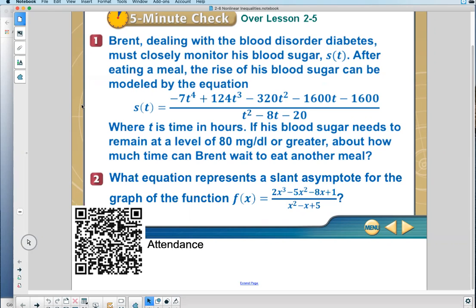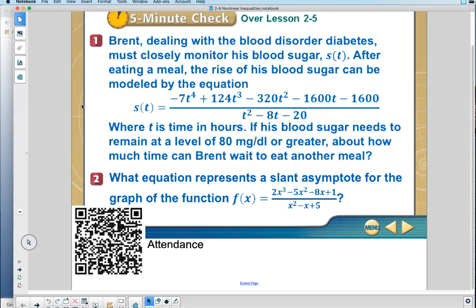Now, what happens if I don't eat? What starts happening to my blood sugar? It's going to end up going down. There's an equation to model my blood sugar, where t is time in hours. If my blood sugar needs to remain at 80 or greater, about how much time can I wait before I eat another meal?